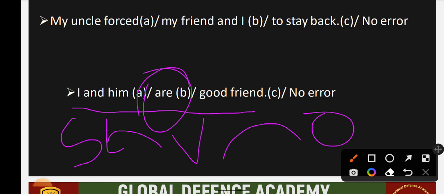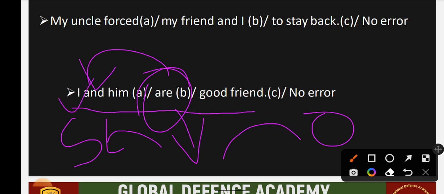By this concept, are is the verb, and this side must be in the subjective case, or you can say the nominative case of the pronoun. So I is subjective, no problem.